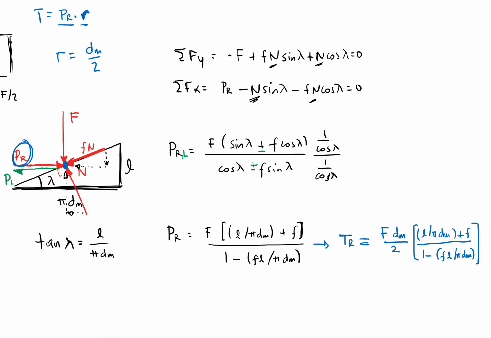And like I said before, if I just wanted the TL, not right, but left, going left, basically trying to make the jack go down, I would have a minus here and a plus here.